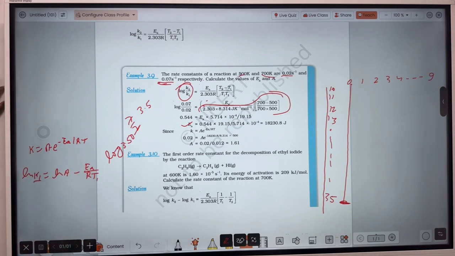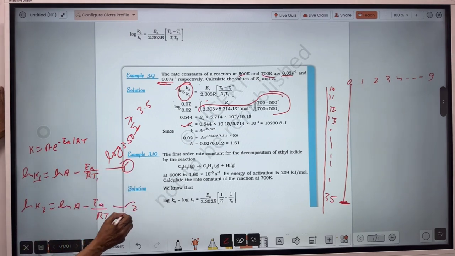Or if you want to take log K2, then log K2 equal to log A minus EA upon RT2. So among these two, either you put the formula in this equation or in this one. Same procedure there will be.